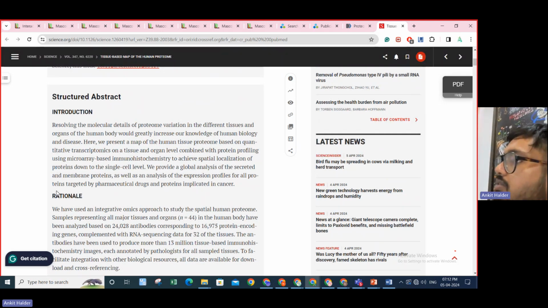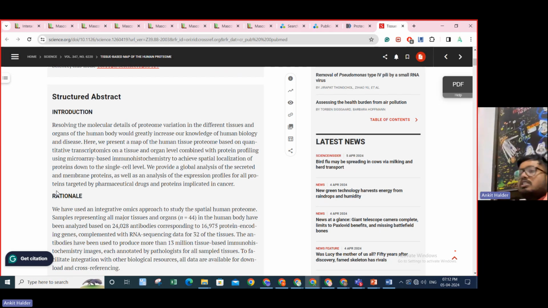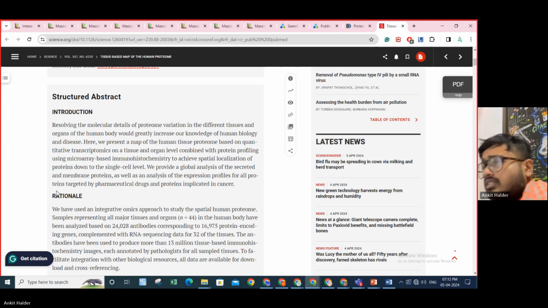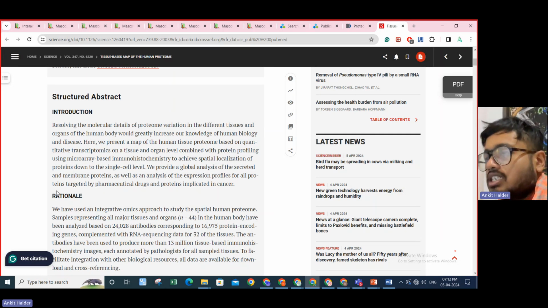Here we present a map of the human tissue proteome based on quantitative transcriptomics on a tissue and organ level, combined with protein profiling using microarray-based immunohistochemistry to achieve spatial localization of proteins. We provide a global analysis of the secreted and membrane proteins, and an analysis of the expression profiles for all proteins targeted by pharmaceutical drugs and proteins implicated in cancer. We have used an integrative study of all major tissues and organs, with 24,028 antibodies.